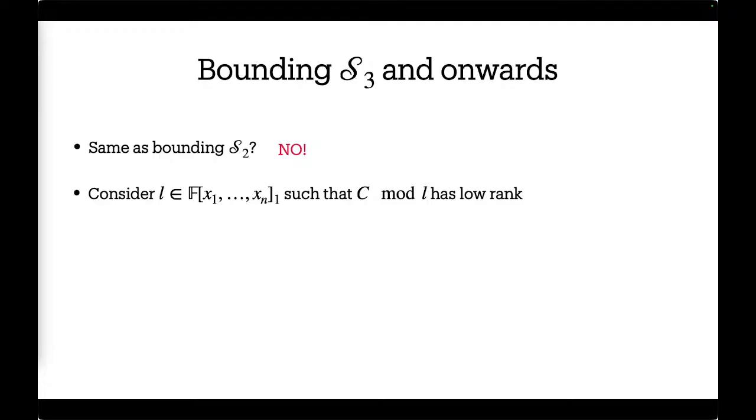You go mod this linear form, and the circuit now is low rank, right? It can happen. What we just saw was that we were only able to bound S2 when the rank was high. But if you are just looking for S3 spaces and you had one such linear form, how will you bound the S2 spaces if it's not high rank?